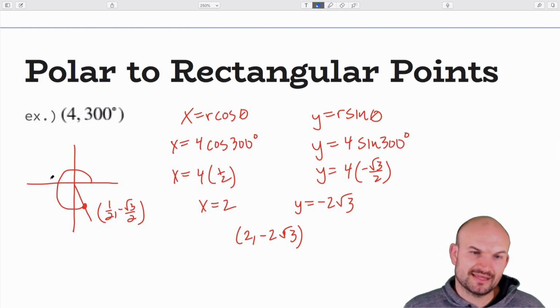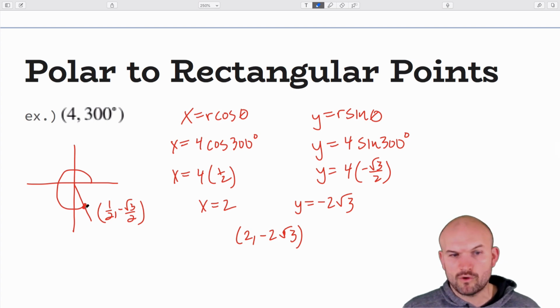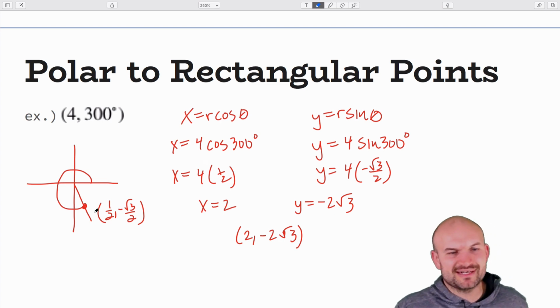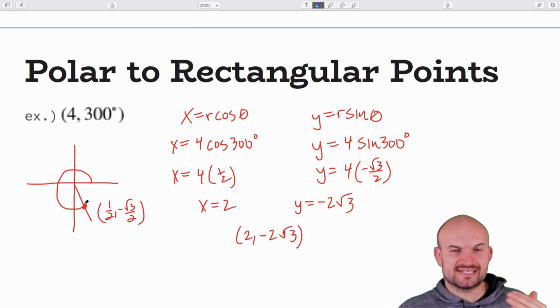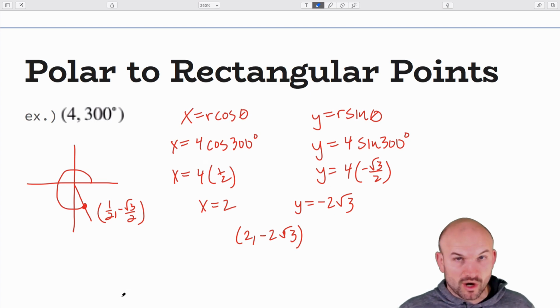If I was to plot this, 300 degrees is going to be down in the fourth quadrant, and we're going to have a distance of 4, right? 300 degrees is going to be a point on the unit circle, which is 1/2, comma, negative square root of 3 over 2. But again, I know that angle is producing something in the fourth quadrant. It doesn't matter if it's a distance of 1 or a different distance of 4 along this polar axis here. It's still going to be in the fourth quadrant.